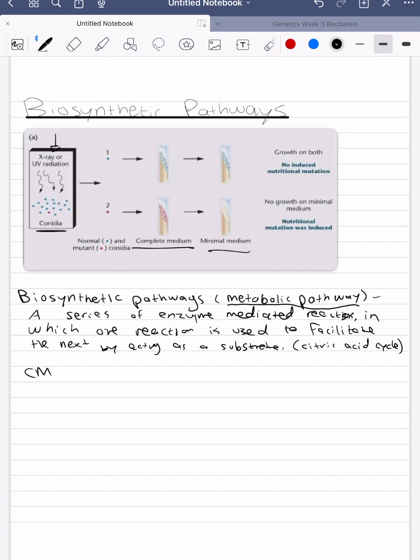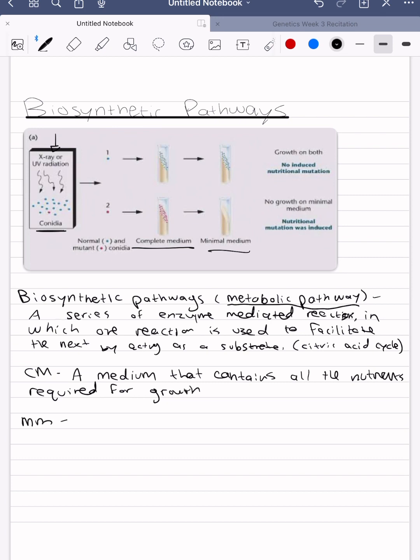Complete medium is a medium that contains all the nutrients essential for growth. And minimal medium, as the name suggests, is a medium that contains the minimum amount of nutrients for growth.